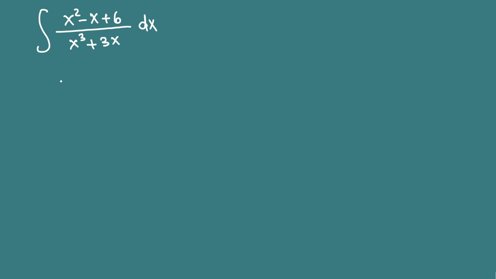In this way, x squared minus x plus 6 over the bottom, we can factor x out. So x times (x squared plus 3), a quadratic factor, and even if it factors, it does not help. Now we will write this fraction as a sum of two simpler fractions.